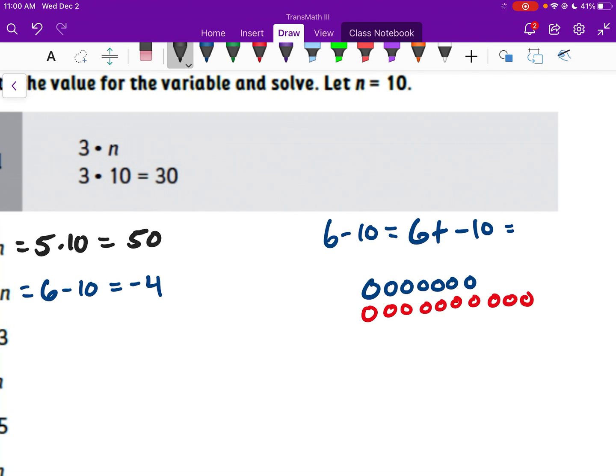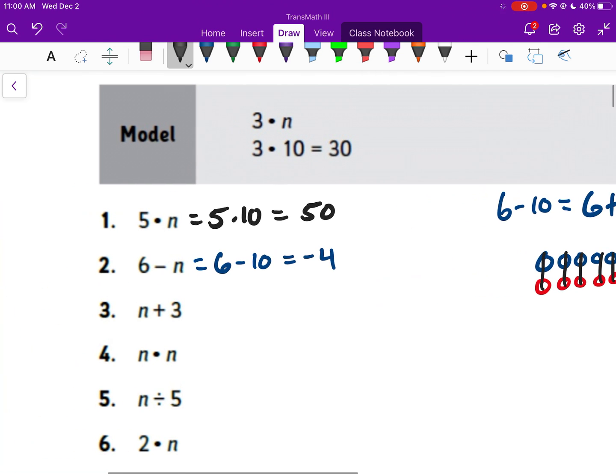And remember, opposites cancel each other out, leaving us with 3 negatives left. So we get an answer of, oh, I drew 7, my bad. So we're left with 4 negatives for an answer of negative 4.